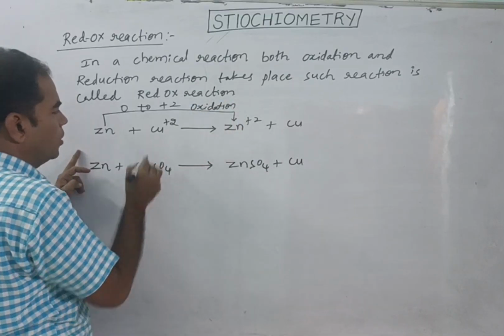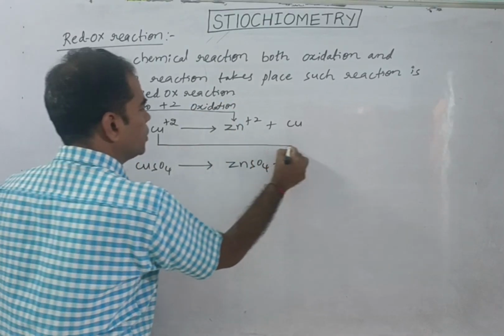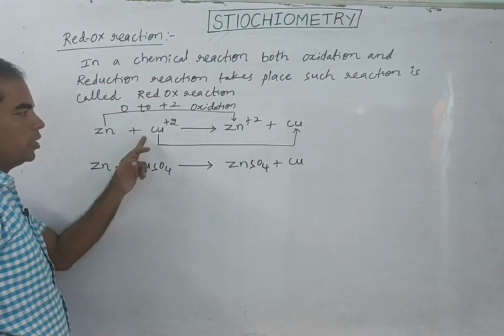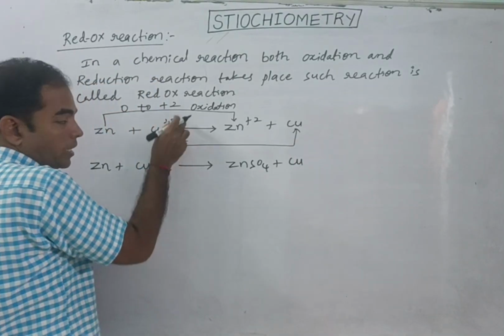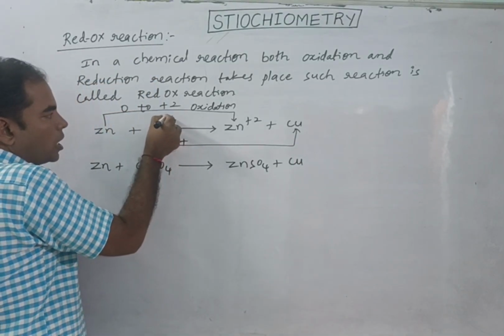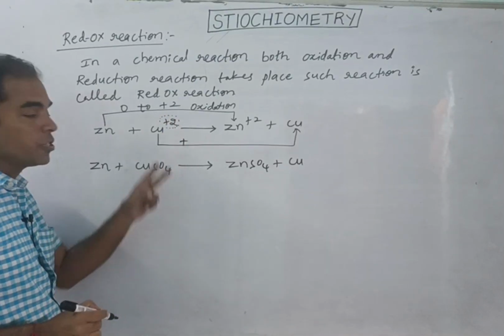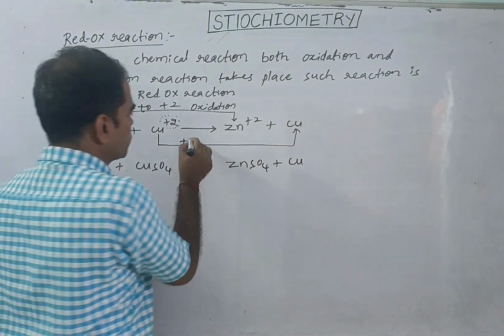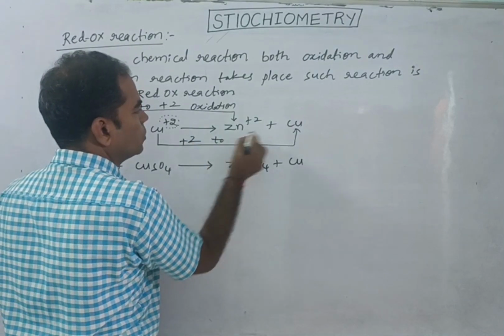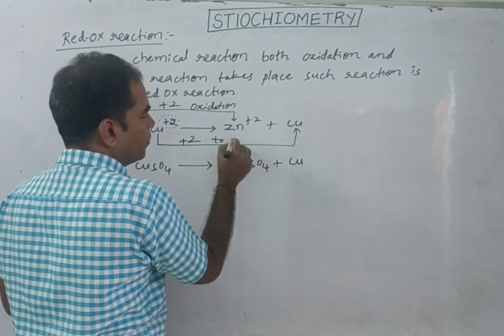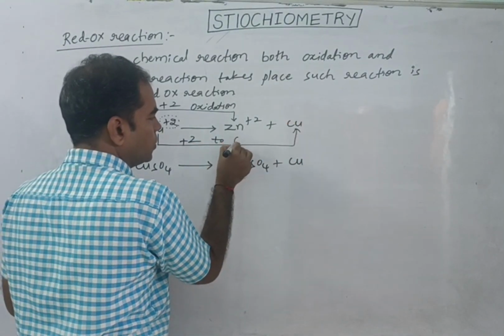Alright. Now observe here Cu2+ to Cu. Here Cu2+ is a charged species. Right? For a charged species, the oxidation number is the charge present on it. Here it is plus 2, and in the elementary form, that means free state, Cu is 0.